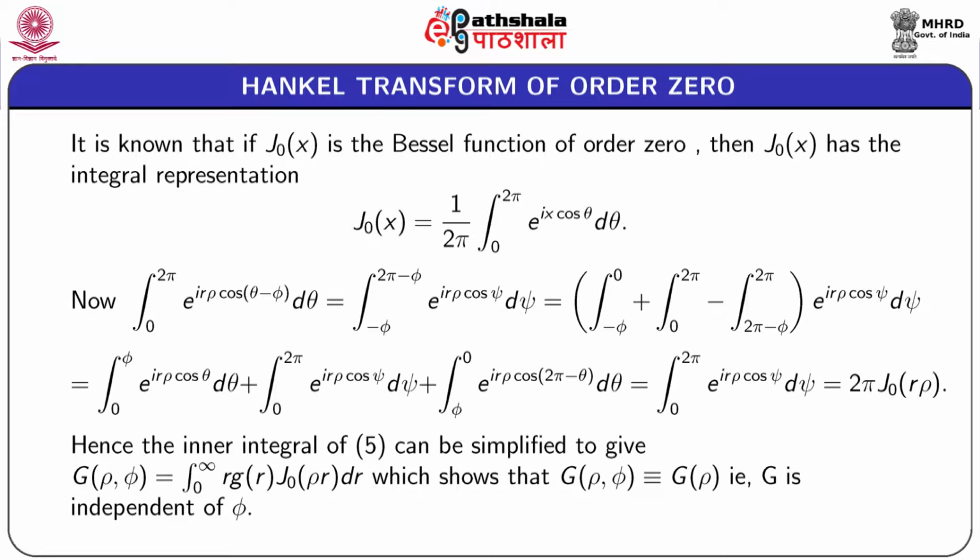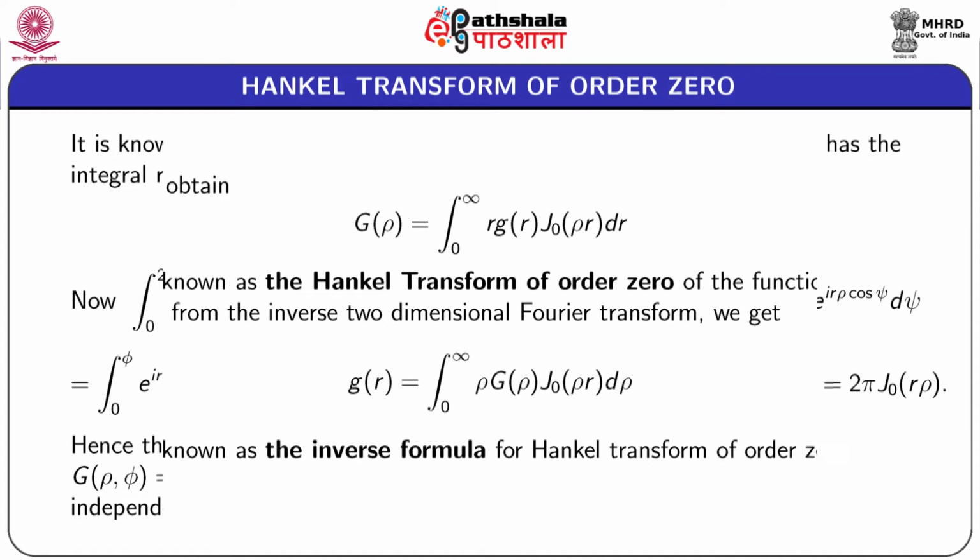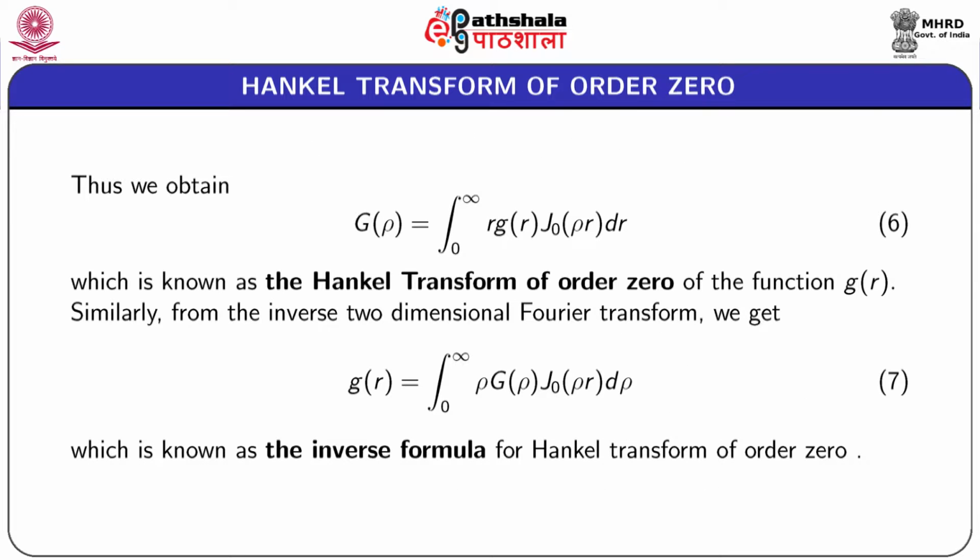So this shows that G rho phi is independent of phi, and we can write G of rho phi as G rho. Thus we obtain capital G rho equal to integral from 0 to infinity r g r J0 rho r dr as given by equation 6, and capital G is known as the HANKEL transform of order 0 of the function small g r.